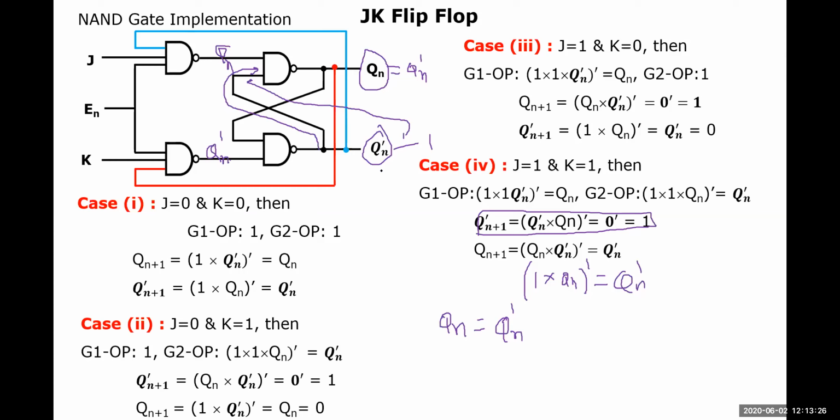With reference to this particular area, this is the way you have to write Qn whole complement. Now, what is the value of Qn whole complement? 1 whole complement.